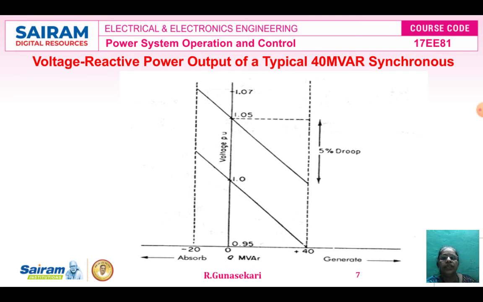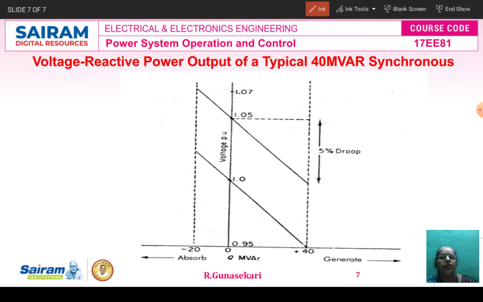Now you see the voltage versus output characteristics for a 40 megavolt ampere reactive synchronous compensator. Here the right hand side is generating reactive power, and the left hand side arrow mark is absorbing reactive power.